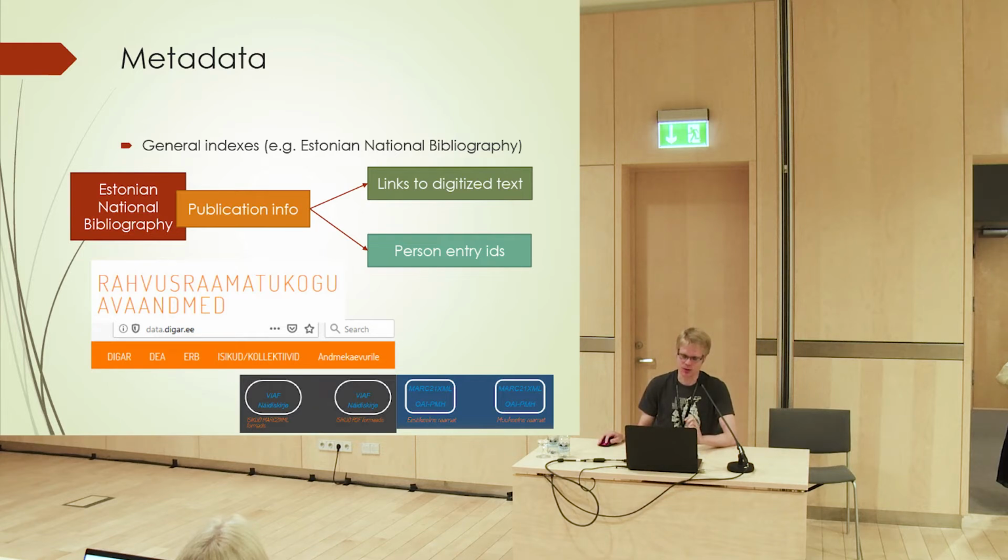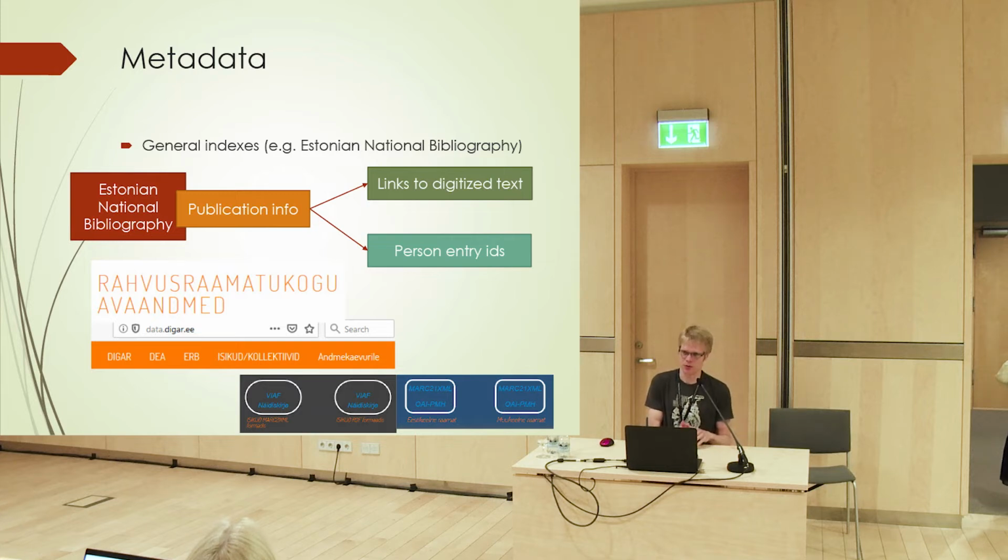In addition to this information on the publication, you get the author, you get the publisher, you get the town where it was published, there's usually genre markings, there is a lot of extra information. You also get links to digitized texts, which often are just images, but sometimes they're not.